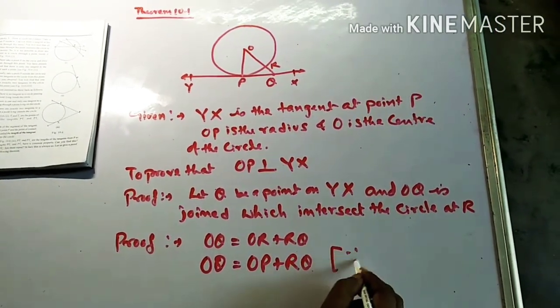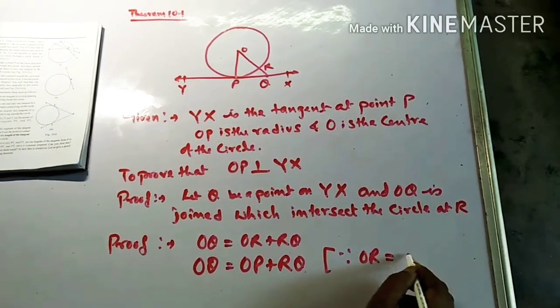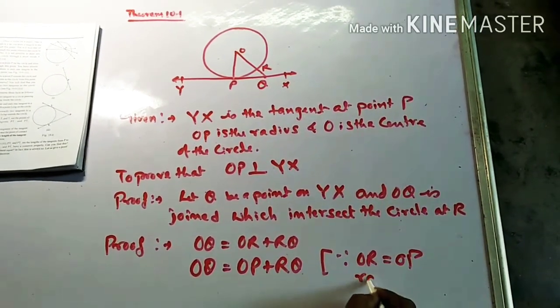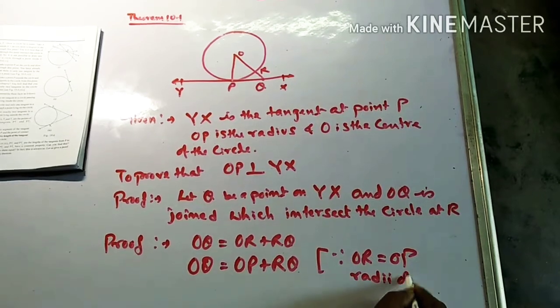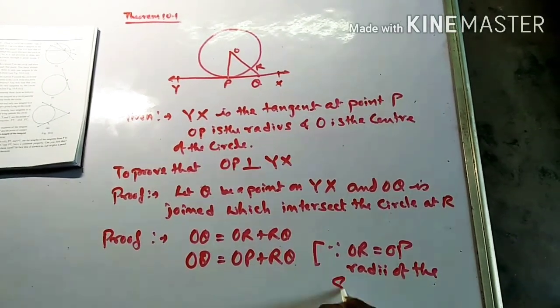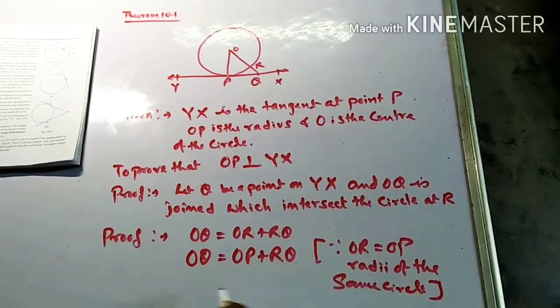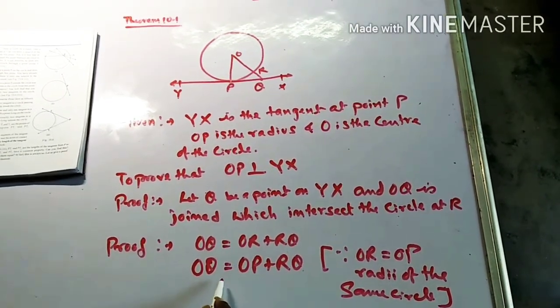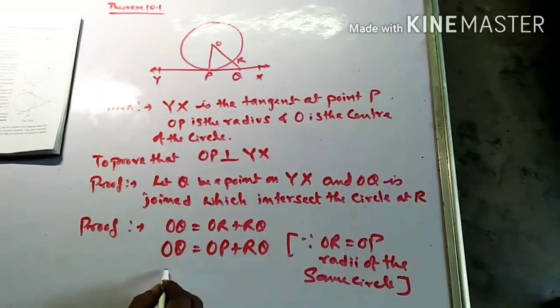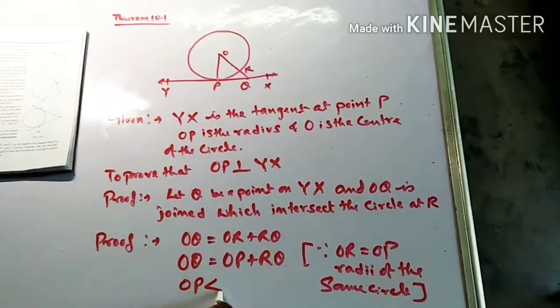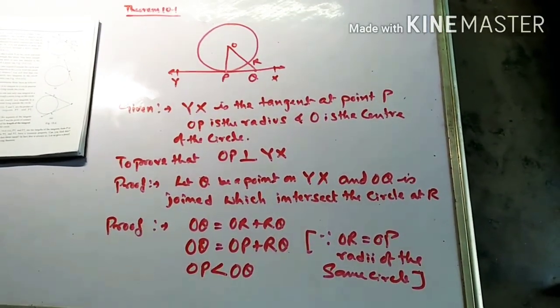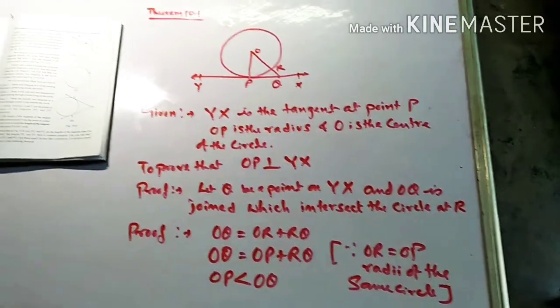Why? Since OR is equal to OP, radii of the same circle. Now from this we can conclude that OP is less than OQ.